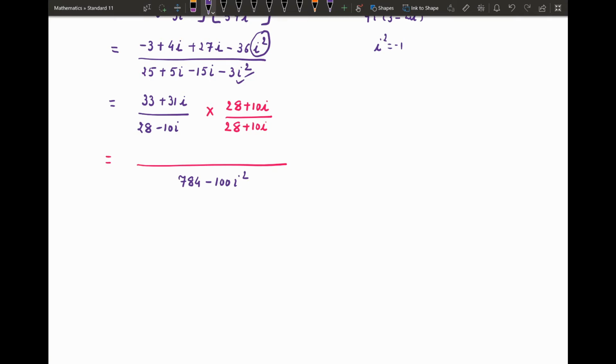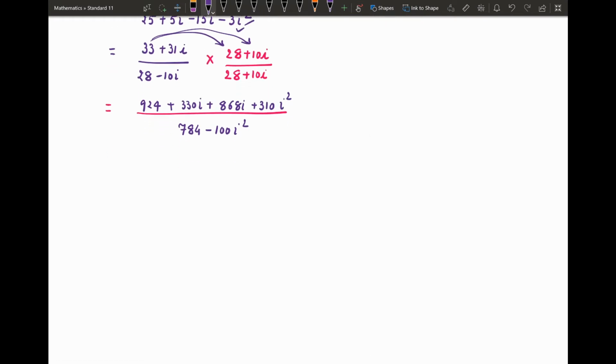Now 33 into 28, so this is 924. Multiplication: 33 into 28 plus 33 into 10i, so 330i, plus 31 into 28, so 868, you can check, plus 31i into 10i, so this is 310 i square.